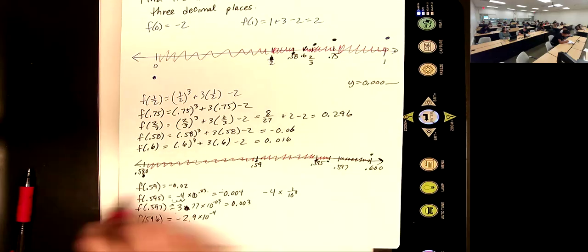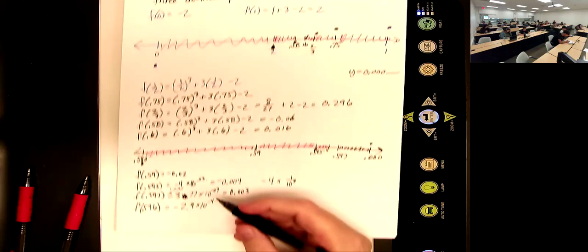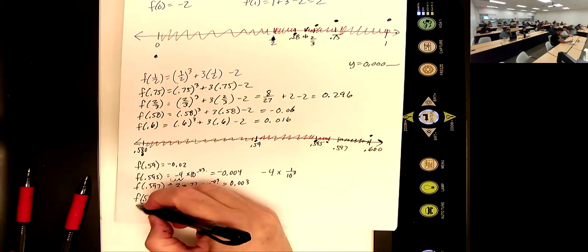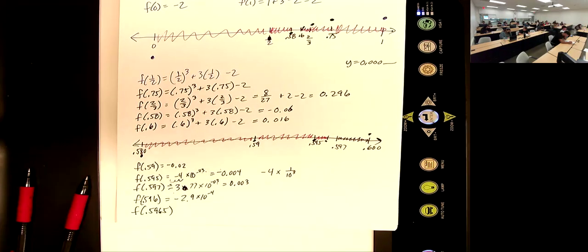It's between 0.596 and 0.597. We only need to do one more to see which way we round. We'll try 0.5965. Cubed. And this is positive.